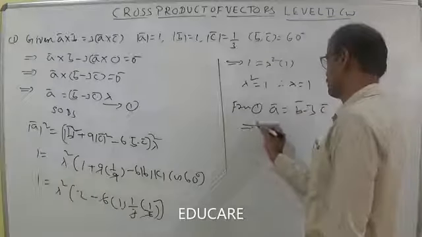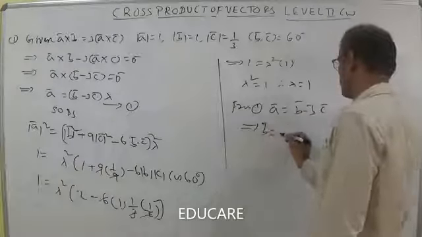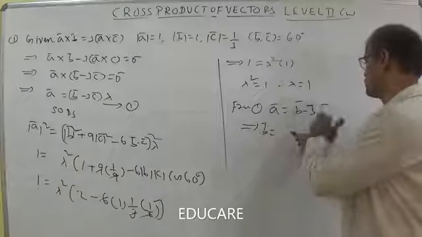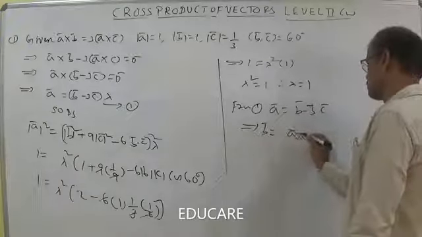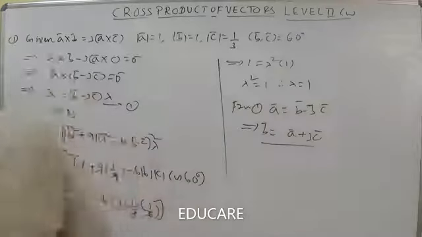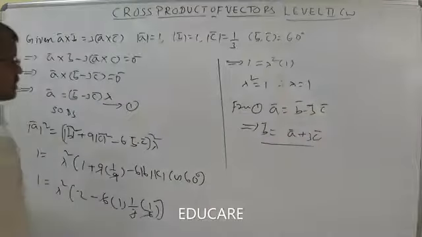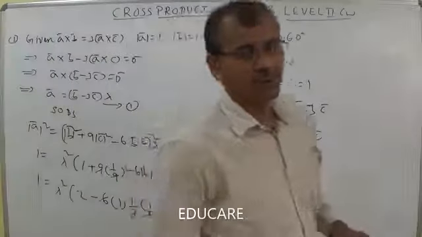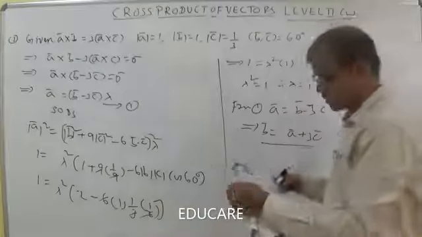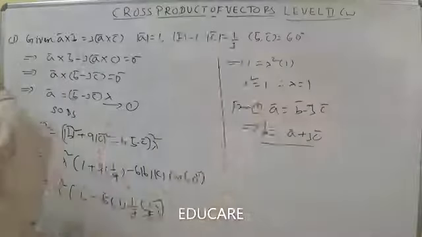That implies, according to the option, B bar is equal to A bar plus 3C bar. This is the option. Students, you can take minus also, but according to the option only plus we have taken. First one completed.